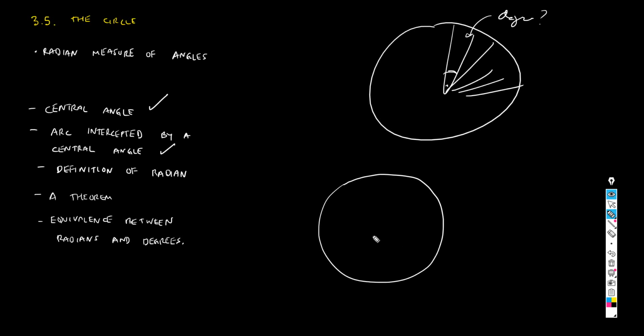If you draw a circle and you draw its center, and you draw a central angle, which I'm gonna do right now, in such a way that the arc intercepted, well, this is the central angle.